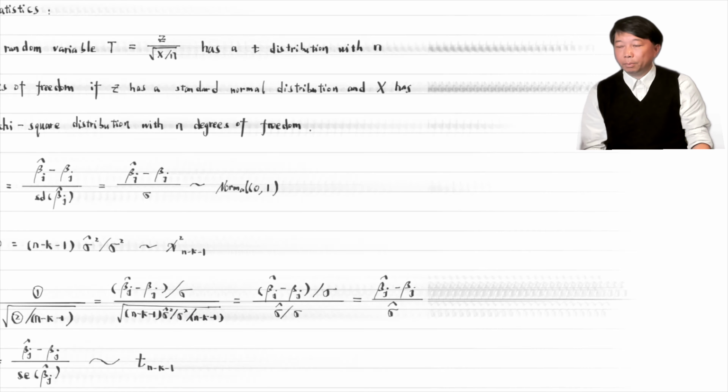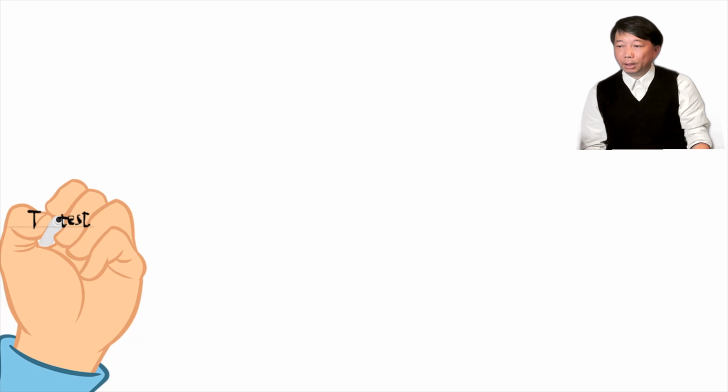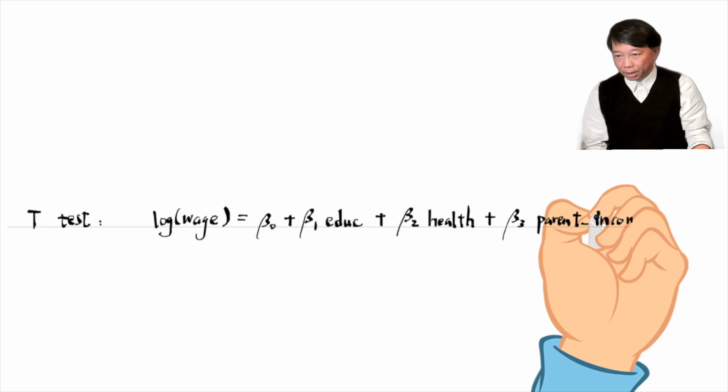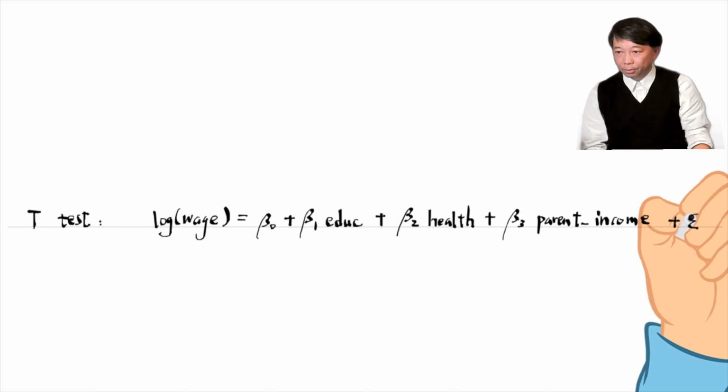For a linear regression model, such as the one that relates workers' hourly wages to their educational attainment, health status, and their parents' income during their childhood years, we can use t-tests to find whether an explanatory variable has a significant effect on the outcome variable. For example, we want to determine whether education is associated with higher hourly wages.